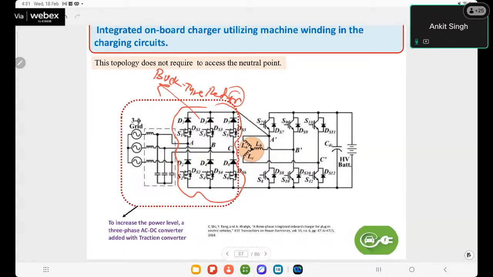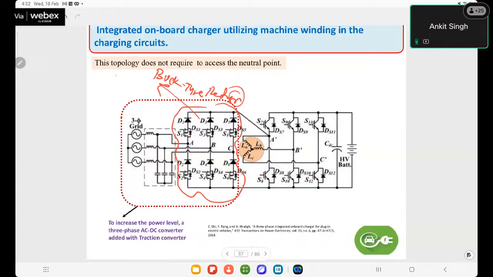This only increases the power level, because as we know the motor has a very high rating in the electric vehicle. If you want to increase the onboard charging power, we cannot do it through the single phase system, because single phase has its limitation.